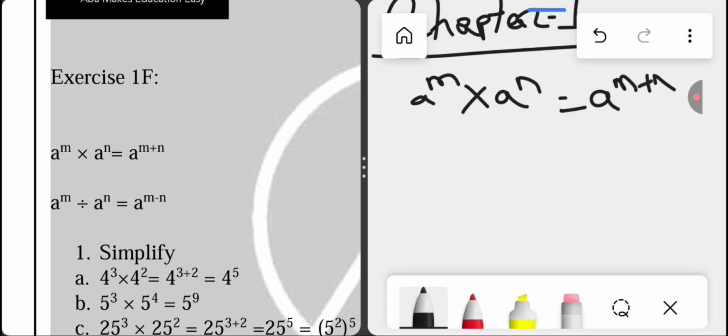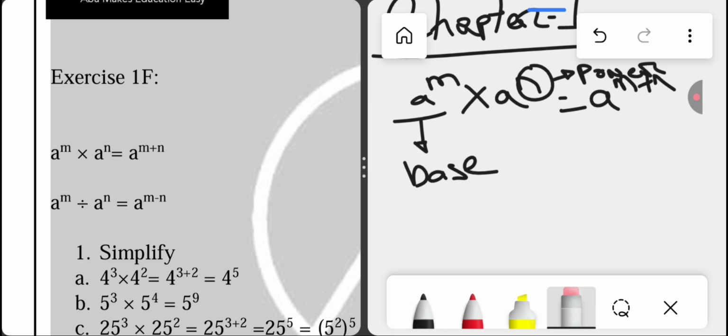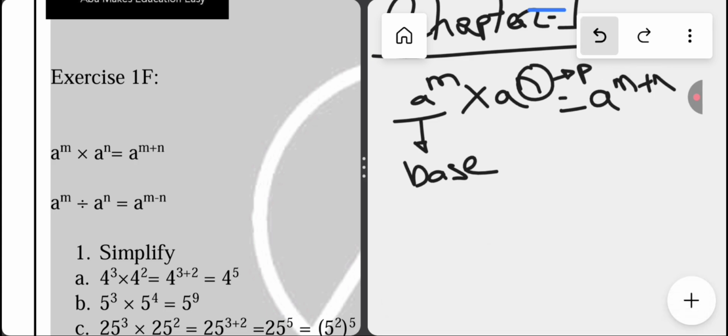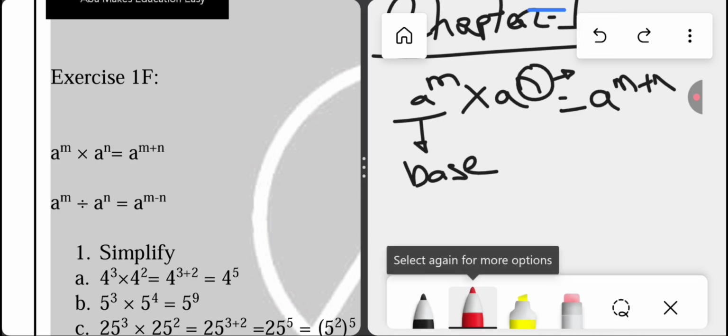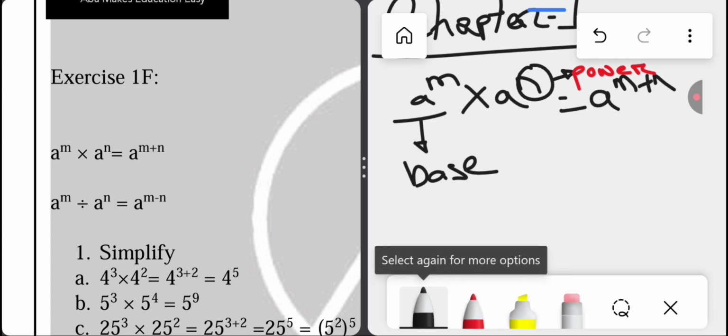Here the a is called the base, and this one is called the power. So the thing is that when the bases are the same and the numbers are being multiplied, then the powers just add up.